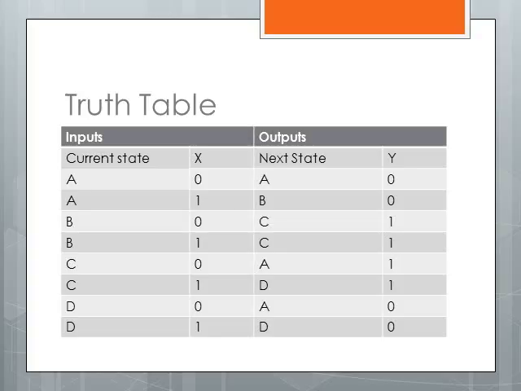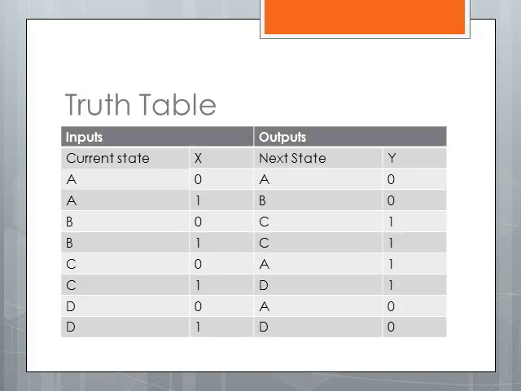Now, if you look at the truth table, when current state is C or D, it matches our current state C when X is 0. That output matches our current state D when X is 0. So maybe we really only need 3 states after all, based on the way this truth table looks.